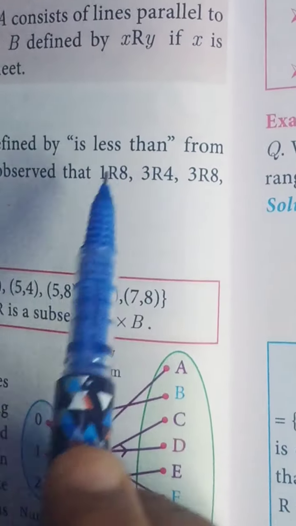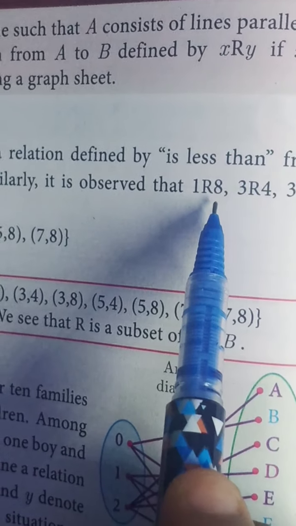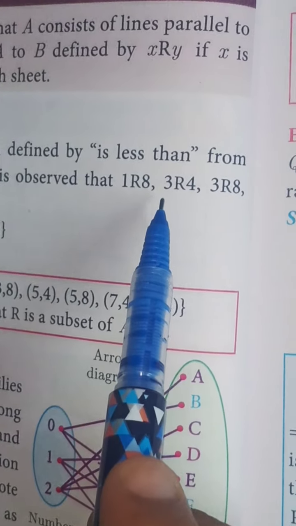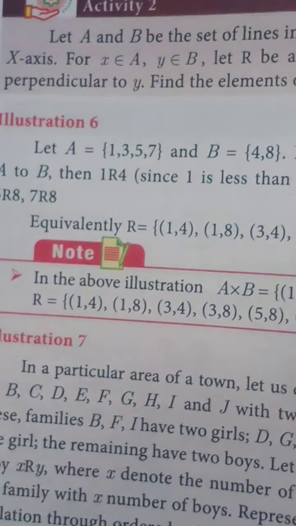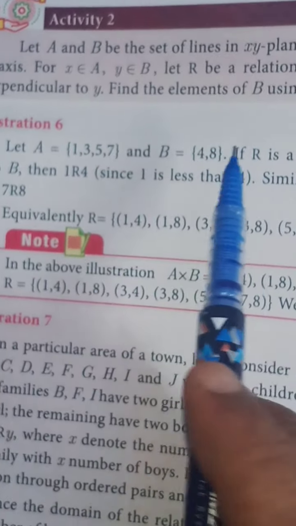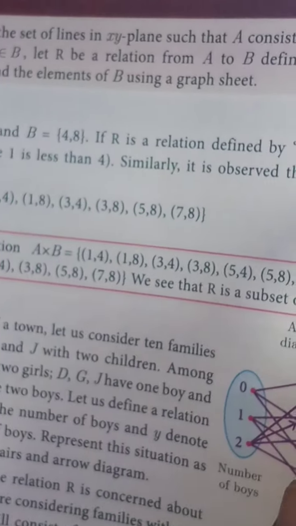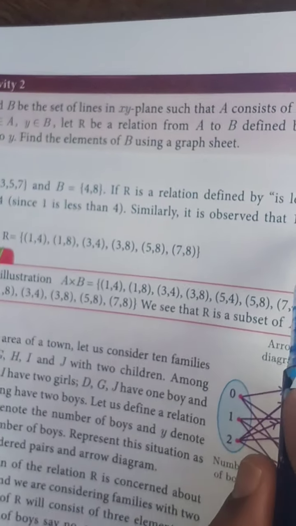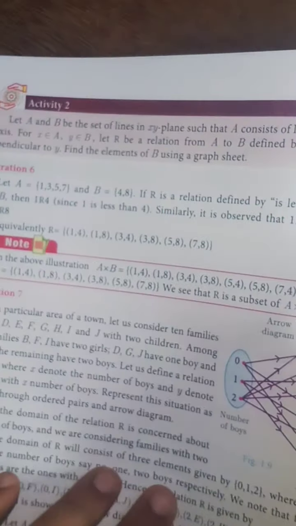Is less than, 1 is less than 8. Next, can go for 3 is related to 4. 3 is in the domain and 4 is in the codomain. This is the domain, this one is the codomain. You have to obey the rule also. 3 is less than 4.